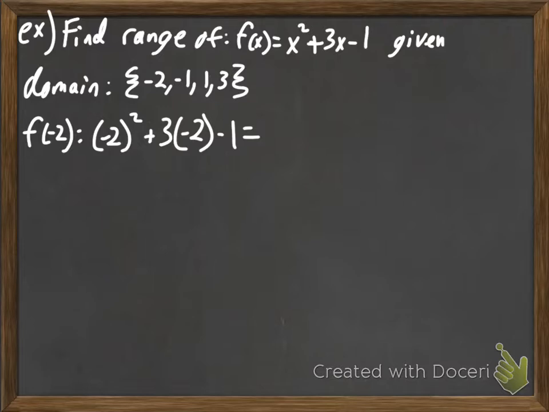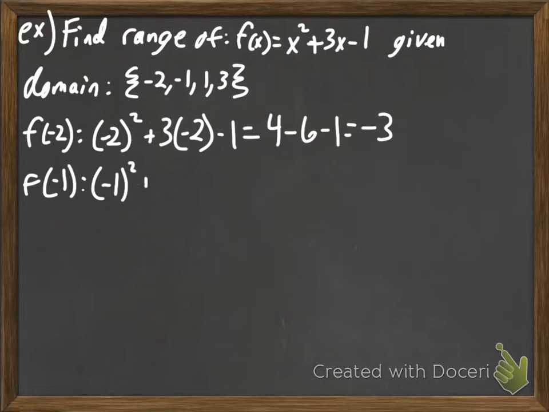So -2 squared is positive 4. 3 times -2 is -6, minus 1. That will give us -3. Now we're going to take f of -1. -1 in parentheses squared plus 3 times -1 minus 1.